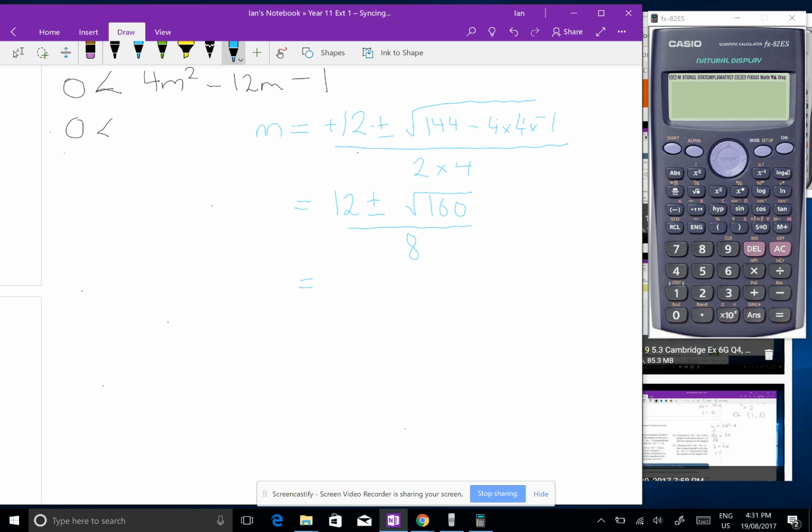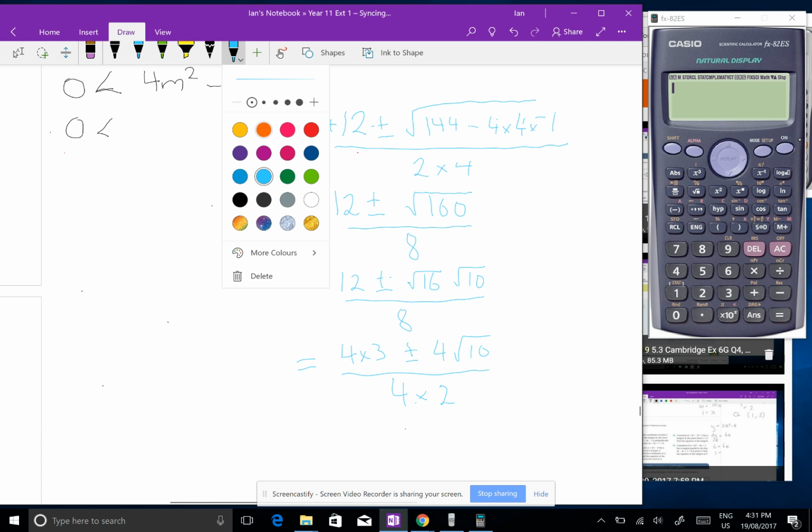And I'm going to get 12 plus or minus, I'm going to take the 16 out of that, root 16 times root 10, over 8. And I'm going to take the 4 out of all of these things. So 4 times 3 is 12, plus or minus 4 times root 10, all over 4 times 2.